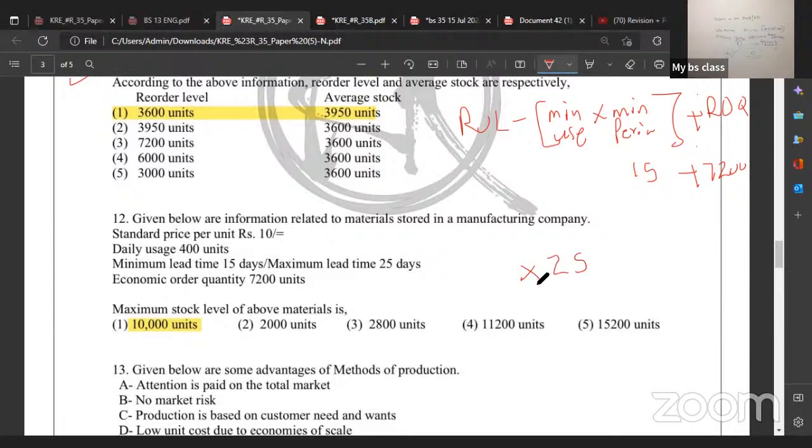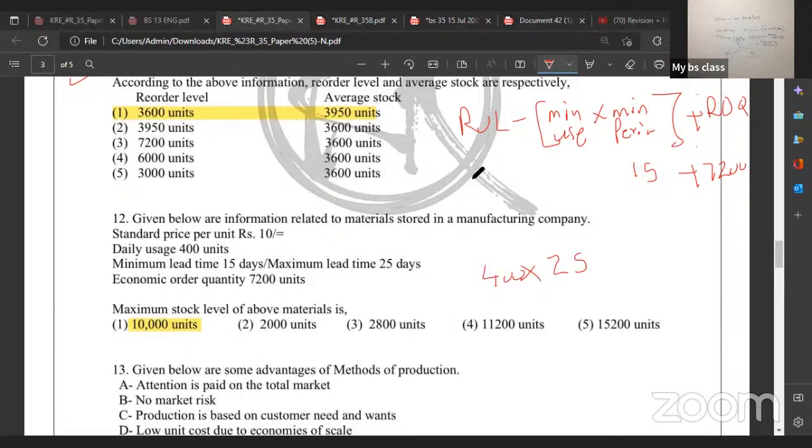And when they haven't provided the minimum and maximum, let's go with the average daily usage. Let's say 400. 400 into 25, which is just 10,000. 10,000 කියලා කියන්නේ ROL, reorder level එක.